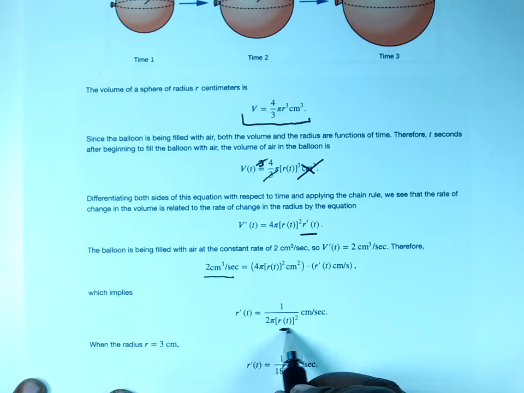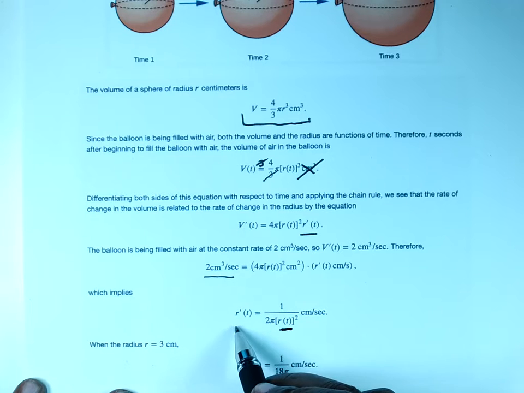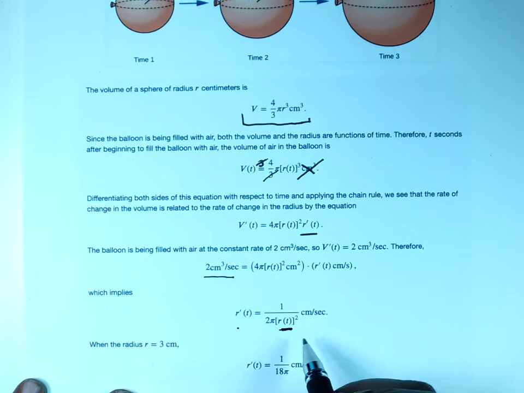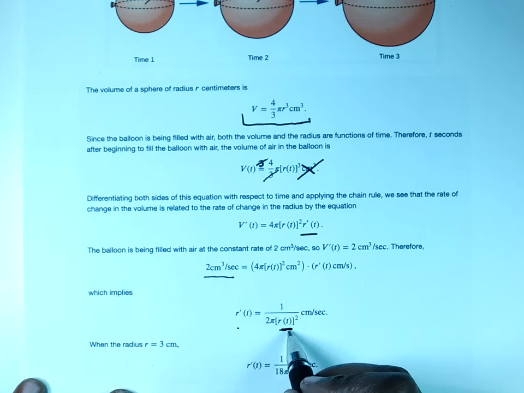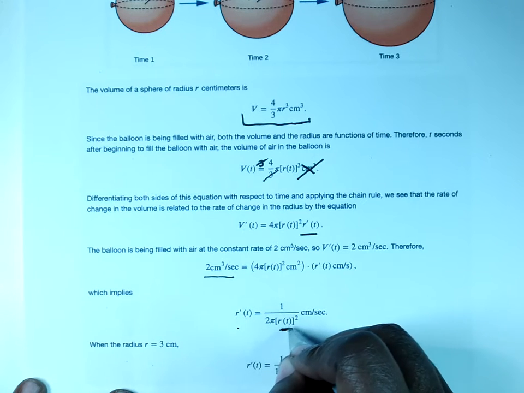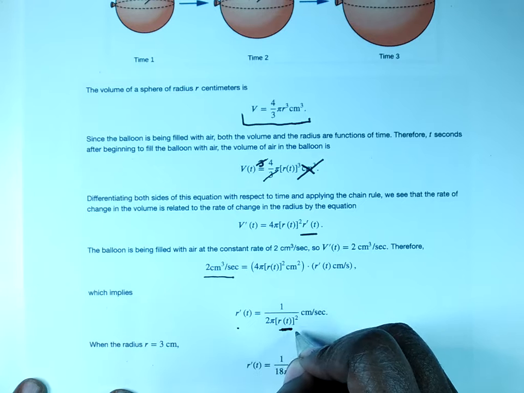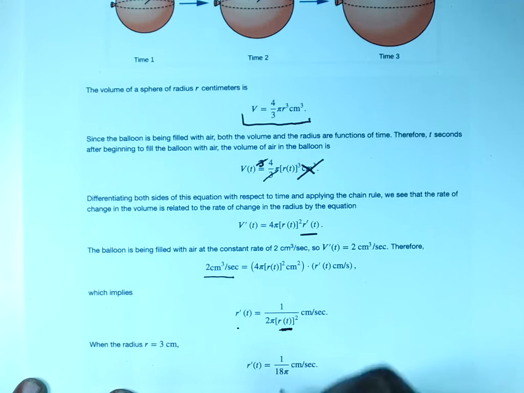So we wanted to know how fast it was changing when the radius was 3. So they just plugged in 3 here and we get 2 pi times 3 squared is 9. So 9 times 2 pi is where the 18 pi comes in. So it's 1/18 pi centimeters per second. This one I left the units in there so you could see exactly how they canceled out.